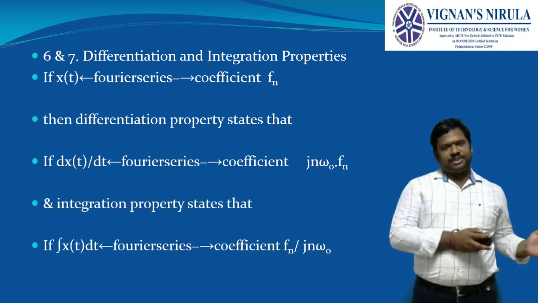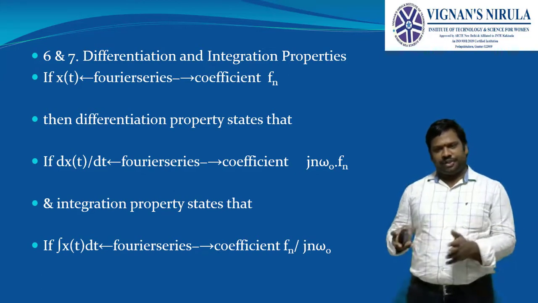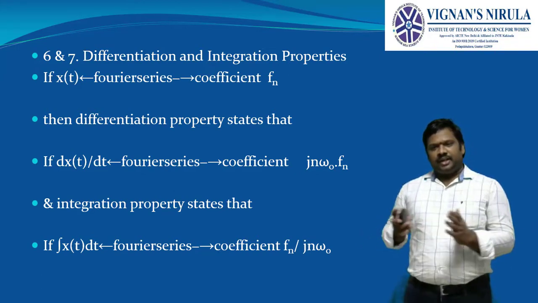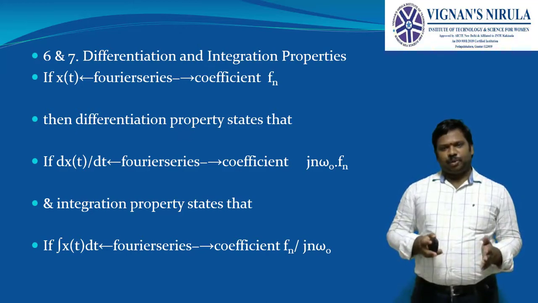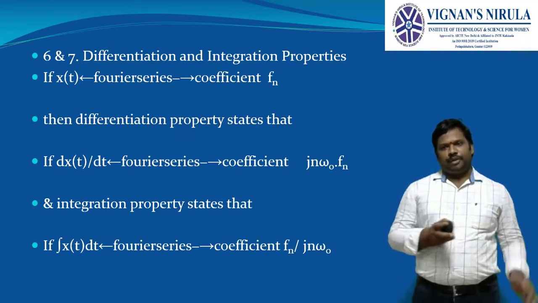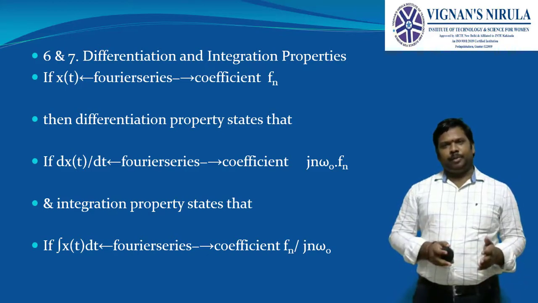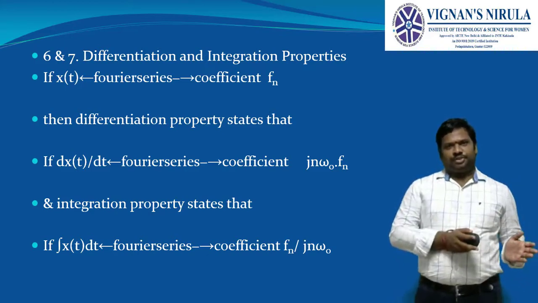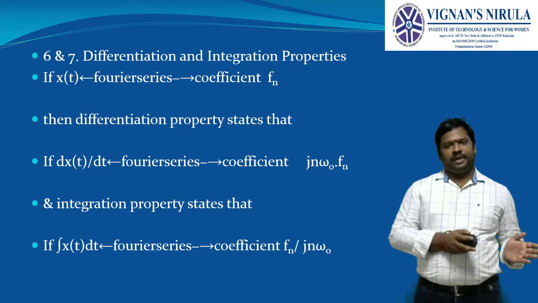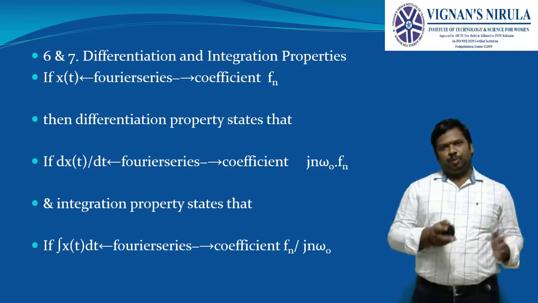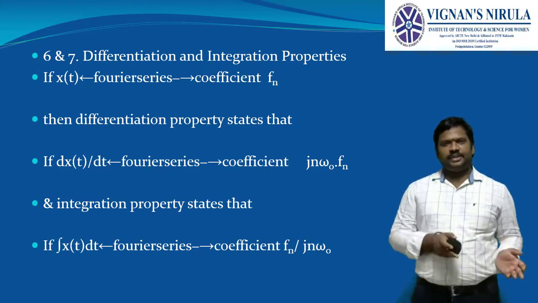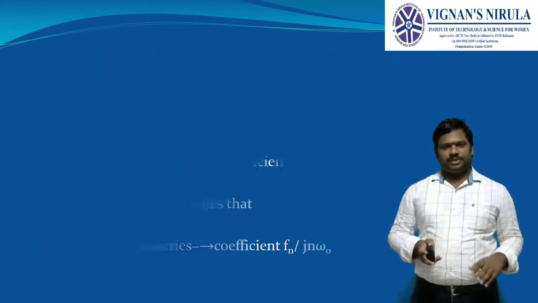Then the integration property states that the integral of x of t dt has the Fourier series coefficient Fn by jn omega naught. When we divide by jn omega naught, it is the integration property. When we multiply jn omega naught with Fn, it is called the differentiation property.